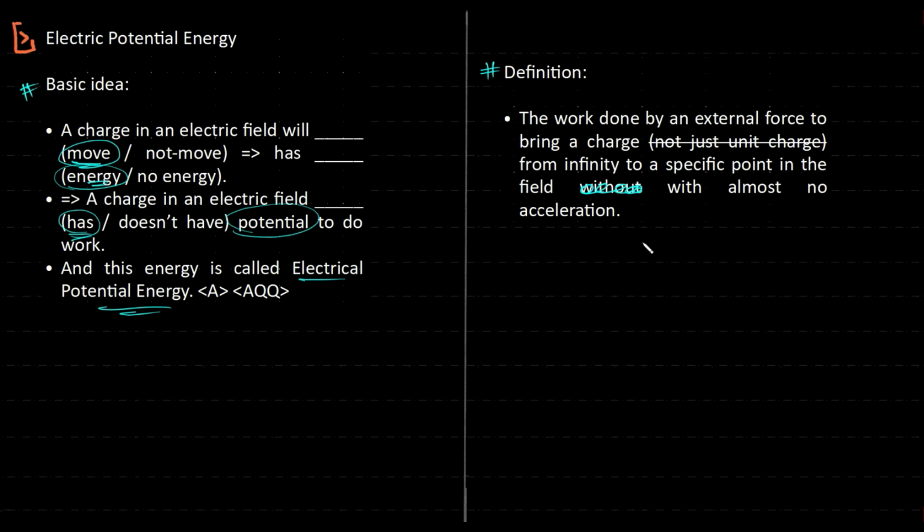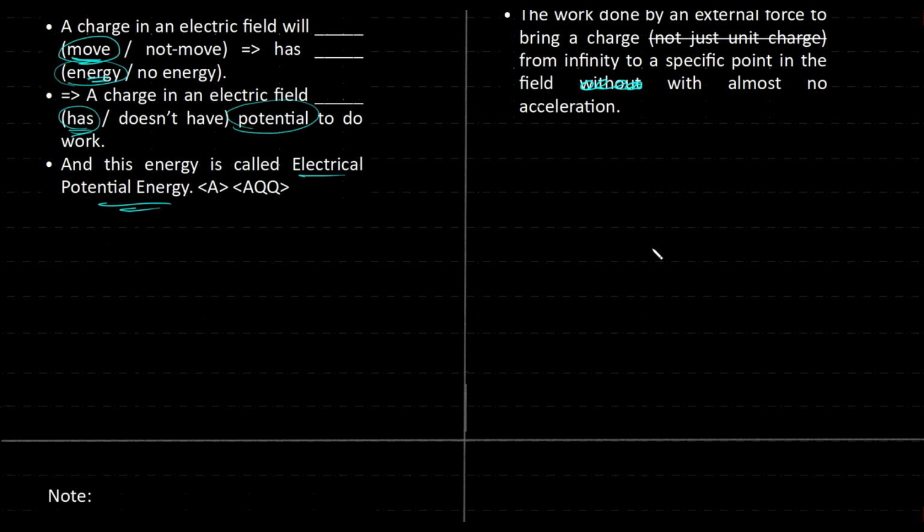That is, we are moving very slowly. So this is how our derivation starts. That's how we can equate the external force to the force by the electrical field. To do that, we make use of this particular assumption.